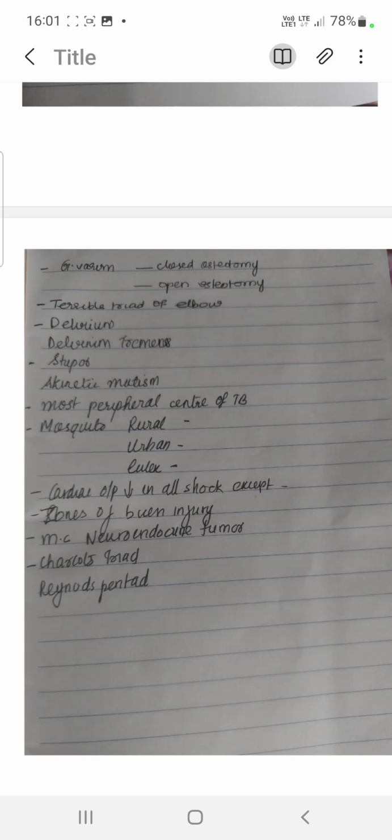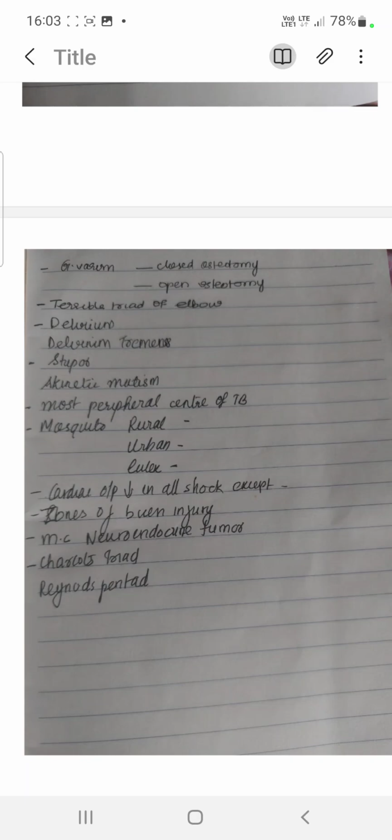Zones of burn injury: in the center you have coagulative necrosis, then you have vasoconstriction, stasis, then you have hyperemia. You can use the mnemonic CSR: C, coagulative necrosis; S, stasis; and R, hyperemia.